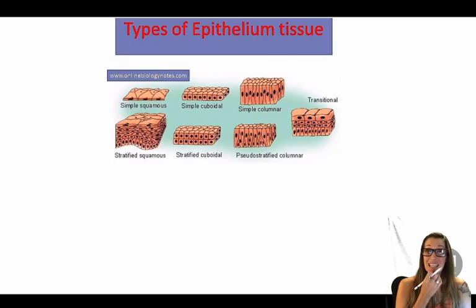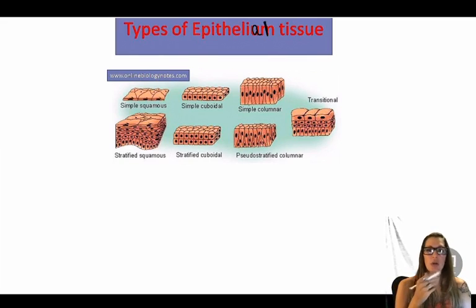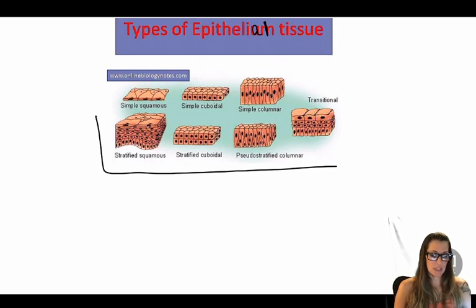There are lots and lots and lots of types of epithelial tissue. This says epithelium tissue. I don't like that. It should say epithelial tissue. You can call it epithelial tissue or epithelium. It's neither here nor there. I just don't want that to confuse you. These are all the different types of epithelial tissue, and you can see that many of them, this bottom group, is multi-layered.